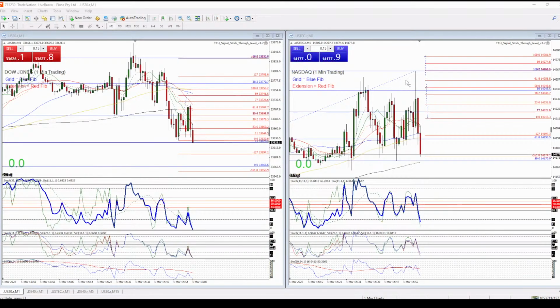Support 11 of 1-minute grid now on the Dow. We do have a small extension fib from low to high, breaking that, aim for the minus 127. US Tech support 77 of daily high low.